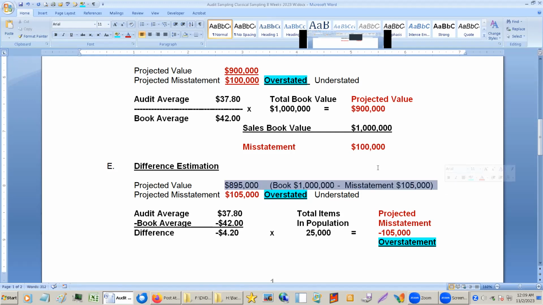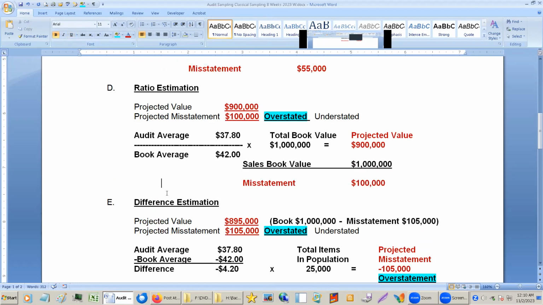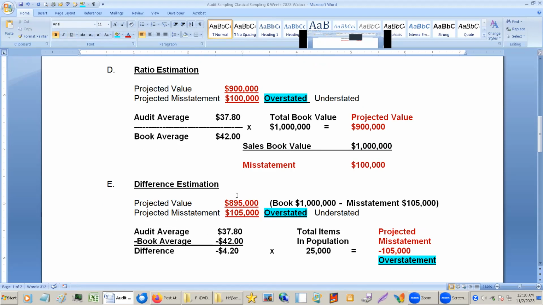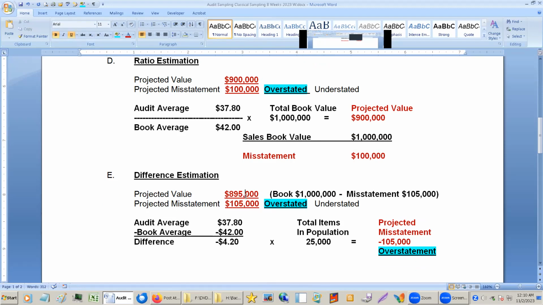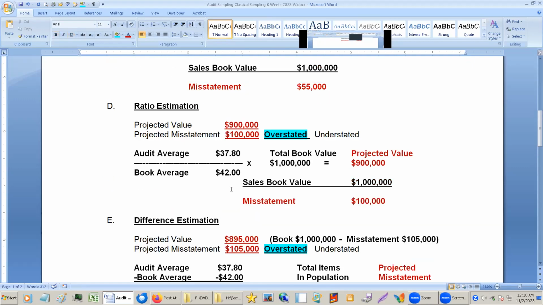Let's see if I can bold that. Okay, so with difference estimation, it would come out that the projected value is 895,000. We're projecting a misstatement, and that's over here, 105,000. So the projected value would be 895,000.